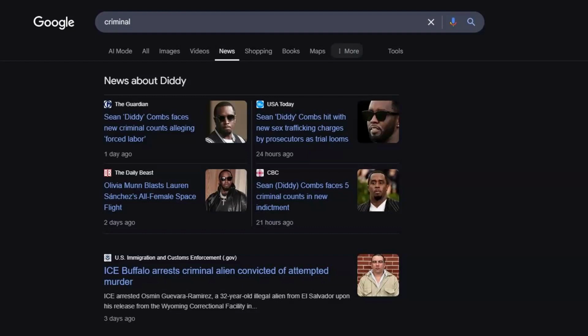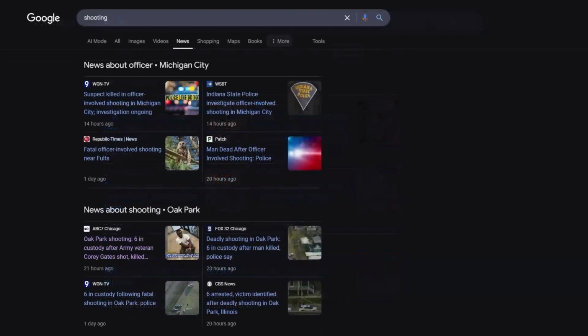Another stereotype is that not only are black males criminals, but they are oftentimes involved with gun violence. So I looked up "shooting" again in Google, and we had mostly innocuous images not associated with any particular race, except for this one right here.